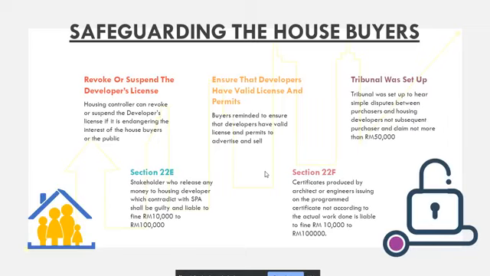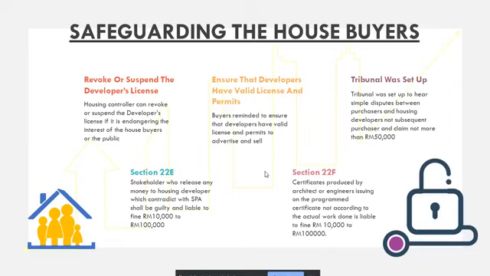Okay. So section 22E berkata stakeholder who release any money to housing developer which contradict with sale purchase agreement shall be guilty and liable to fine 10,000 to 100,000. Section 22F juga, certificate produced by architect or engineer issued on the progress certificate not according to actual work done is liable to fine 10,000 to 100,000.